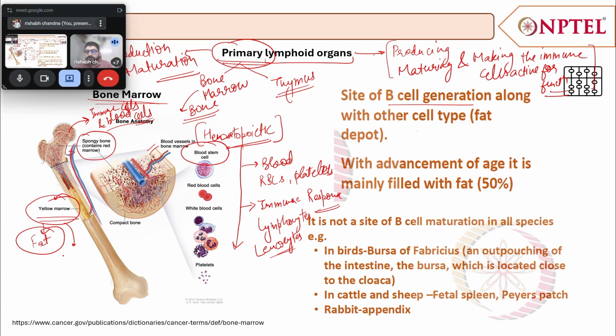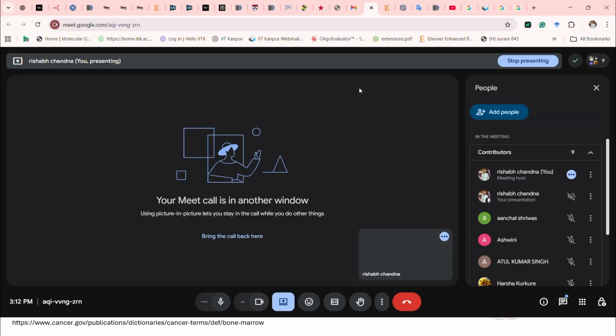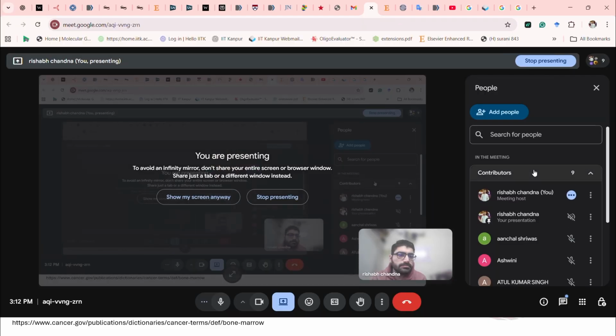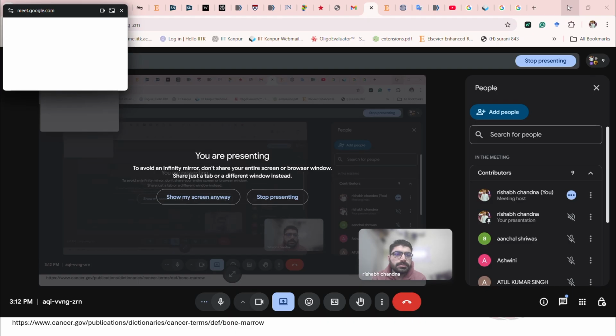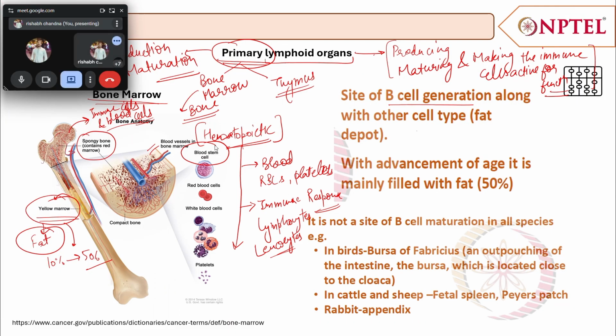Initially it has a fat deposit of nearly 10%, then it moves to 50% as the age advances. This is the case with humans.